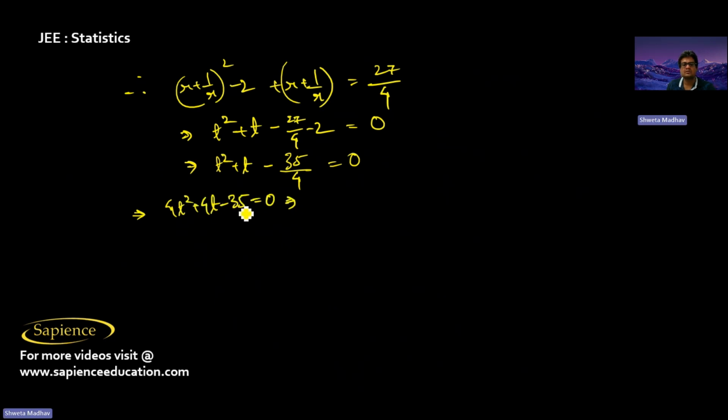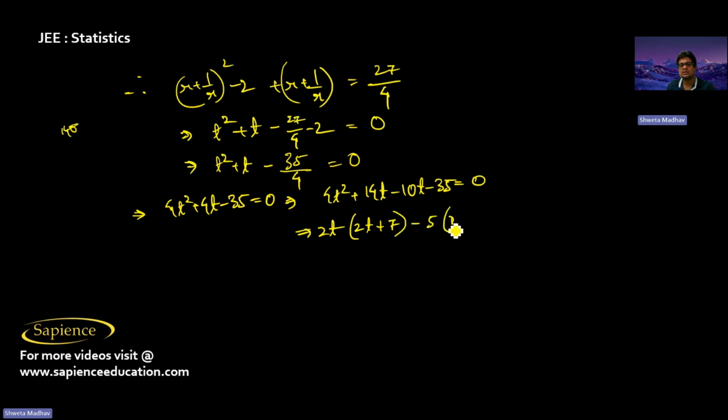So 35 into 4, that is 140. And 14 into 10, that is also 140. So this will be 4t square plus 14t minus 10t minus 35, that is equal to 0. So this will be 2t into 2t plus 7 minus 5 into 2t plus 7, equal to 0. So this will be 2t plus 7 into 2t minus 5, that will be equal to 0.